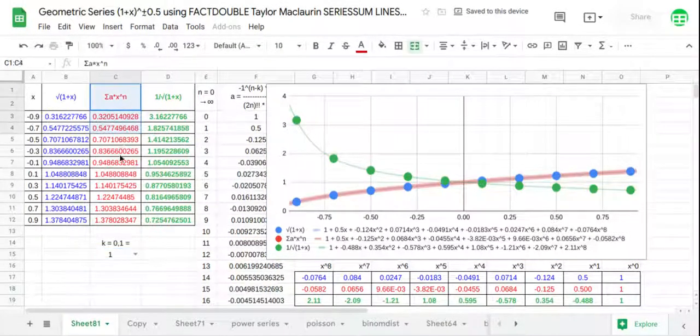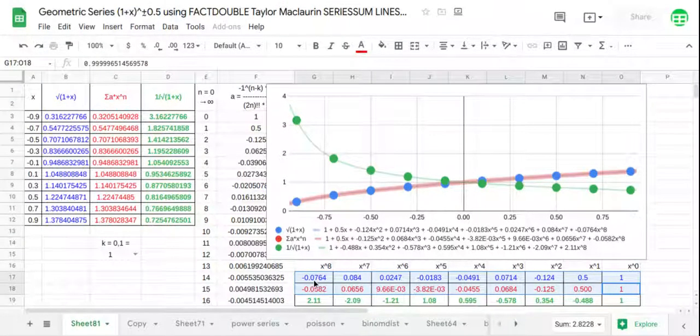This time, the expansion approximates the geometric series square root of 1 plus x. Likewise, the polynomial regression coefficient also. Starting with x to the 0, 1, 1, 1. Coefficient of x, 0.5, negative 0.488.